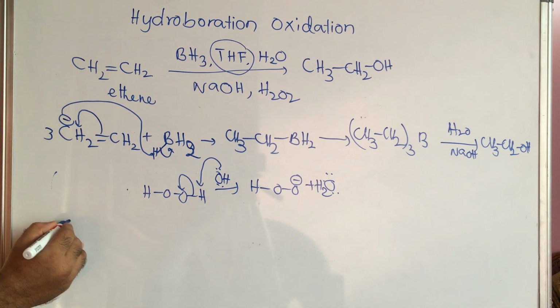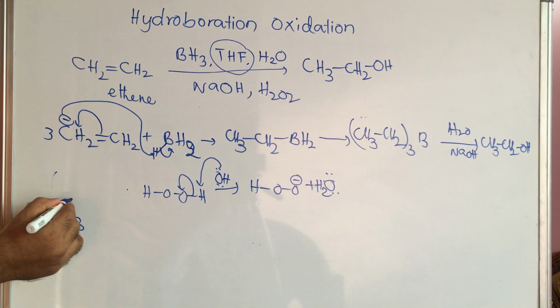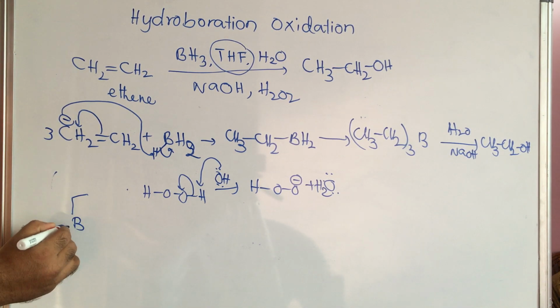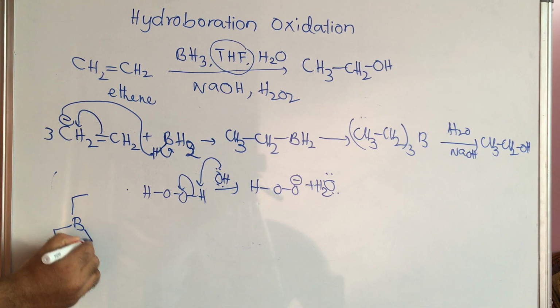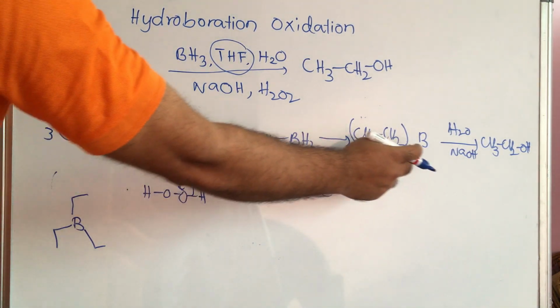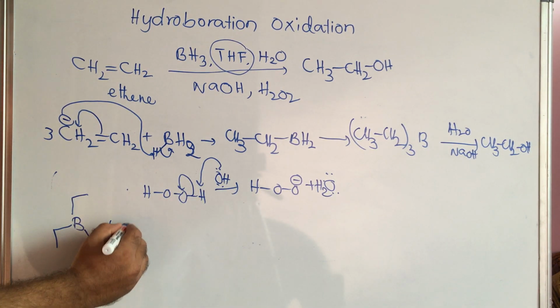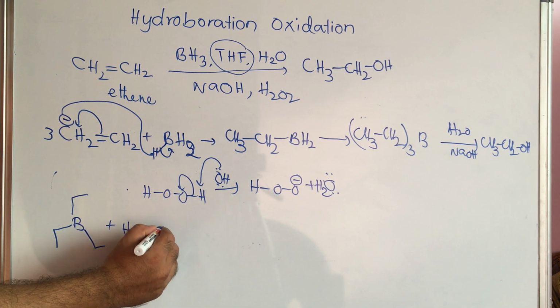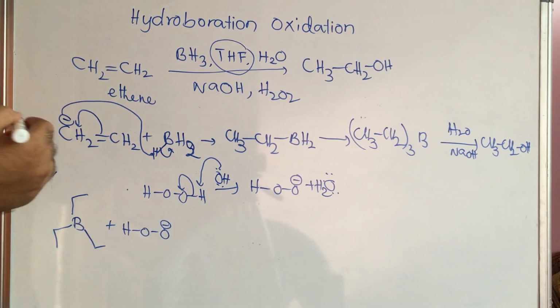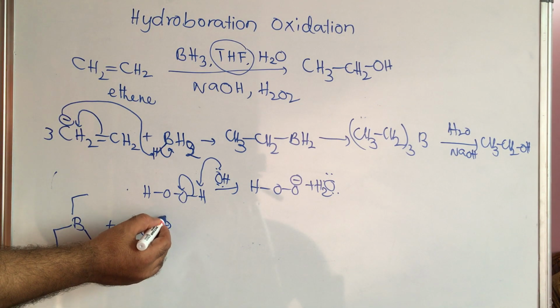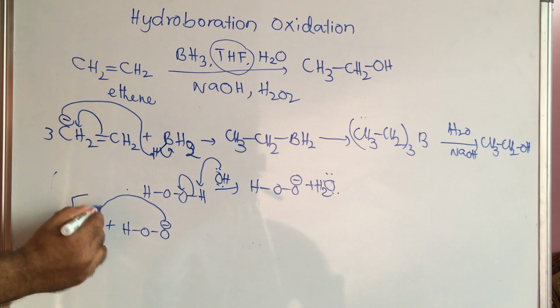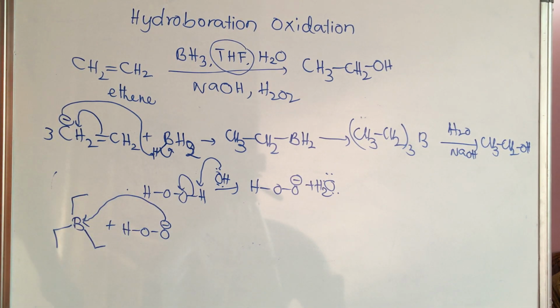Now boron has how many ethyl groups? 3 ethyl groups on boron. So now this HOO negatively charged will attack this one, because it also has a vacant orbital.